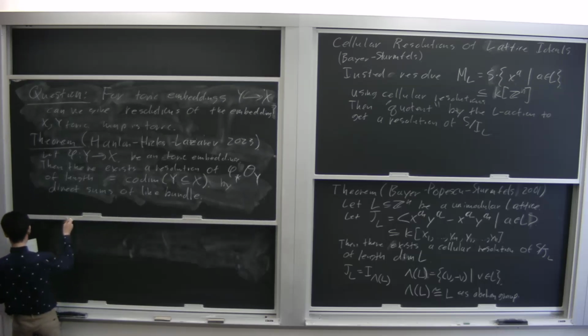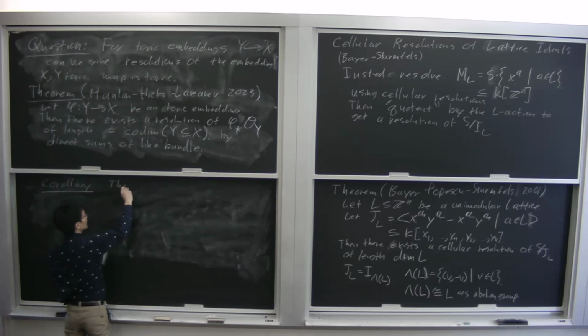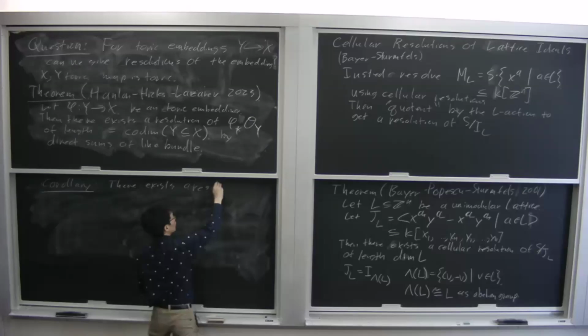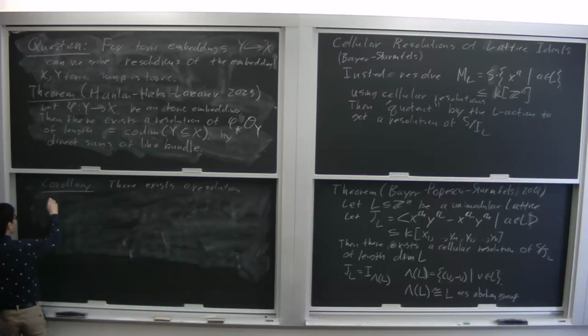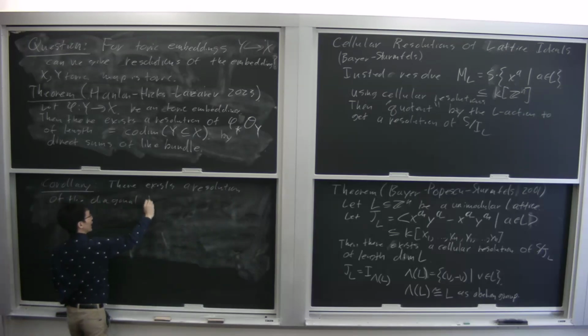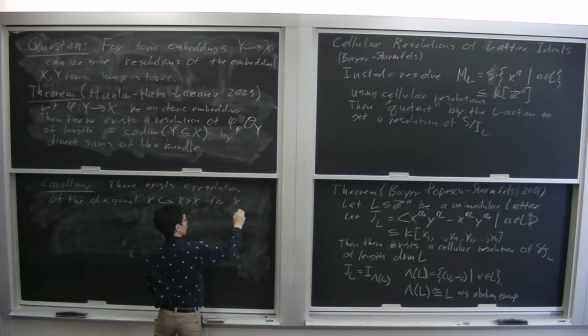So this is actually the corollary that they care about, specifically for the diagonal. So there exists a resolution by line bundles of the diagonal, x into x comma x, for x a toric variety. Well, a smooth, I didn't say smooth.